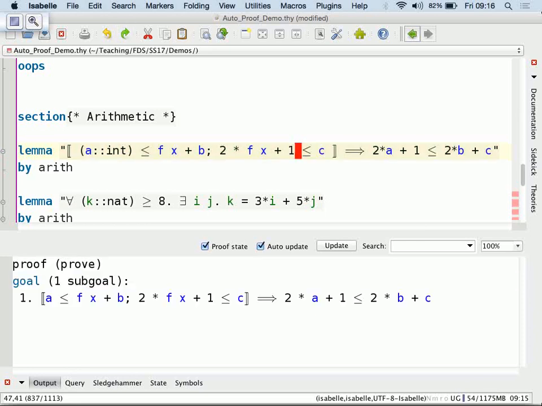How about multiplying the first inequation by 2 and then adding the two inequations? I find that more goal-directed. So then you have 2a less or equal to f of x plus 2b, and you add it to this one. Then you have the 2f of x on both sides. You can cancel them, and then you have 2a plus 1 less or equal to b plus c.